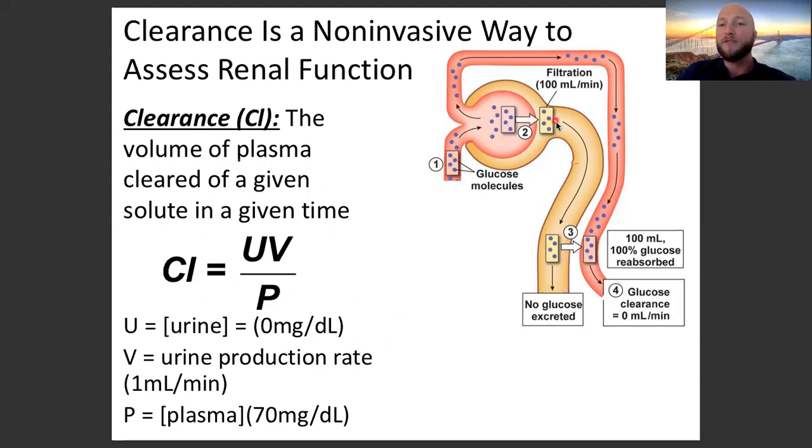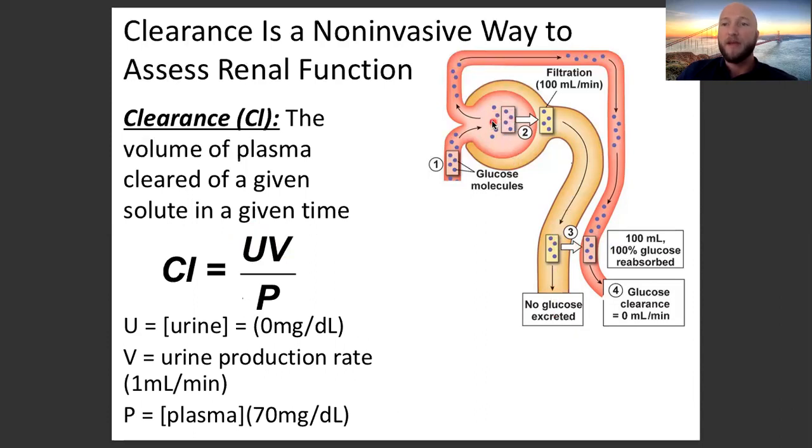It never goes into the renal tubule system. It never leaves the renal tubule system, so it doesn't have a chance to end up in your urine. So we have a urine concentration of 0 again. So when you see a clearance of 0, it either means 100% reabsorption, so it was filtered and then reabsorbed 100%, or it was never filtered to begin with.